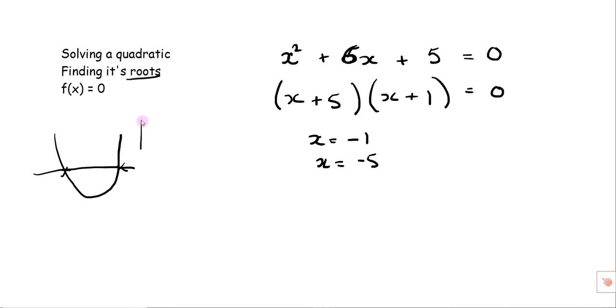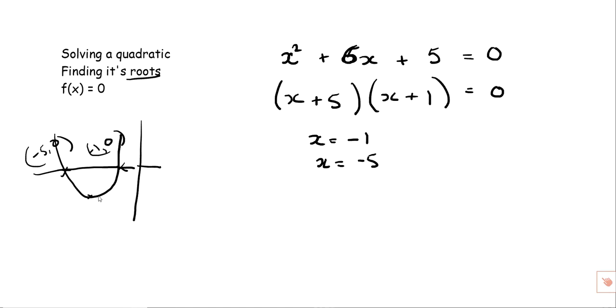It should be over here somewhere. So the coordinates would be -1, 0, good, and -5, 0. So they're the roots. If I asked for the vertex, we have another way to do it. We can find halfway between those values, yeah?